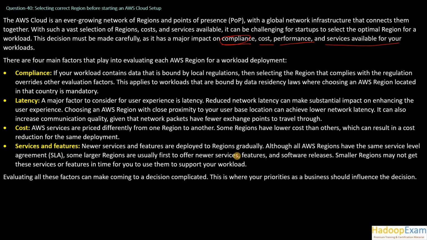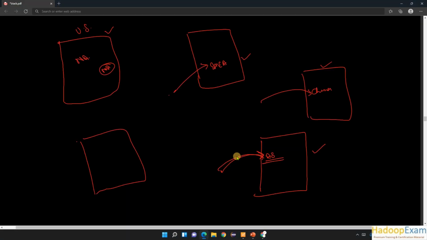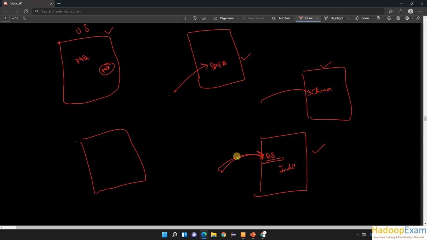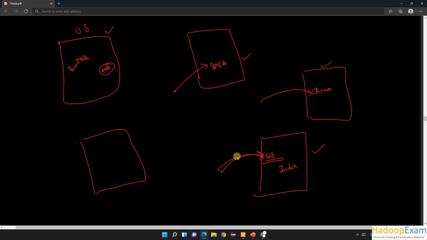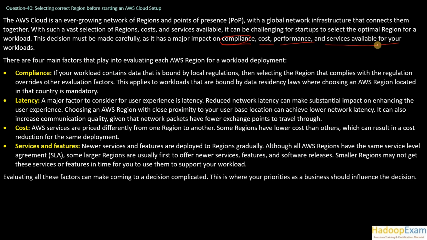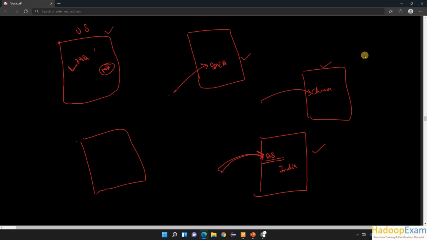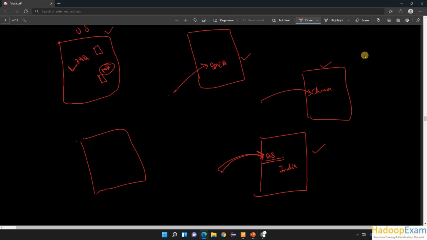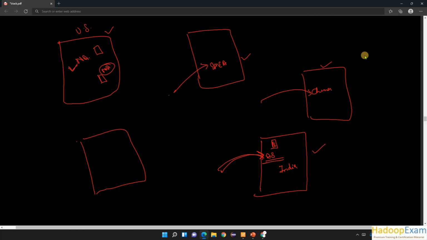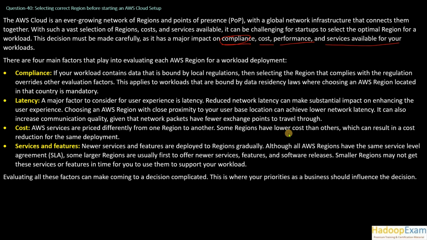Performance: obviously distance matters in networking. If most of your users are in India, then deploying the application in a US region is not a logical solution, correct? Services available: it may be that not all services are available in every region. Whatever service you are looking for, you need to check whether that region supports it before deciding. So there are four main factors that play into evaluating the AWS region for workload deployment.